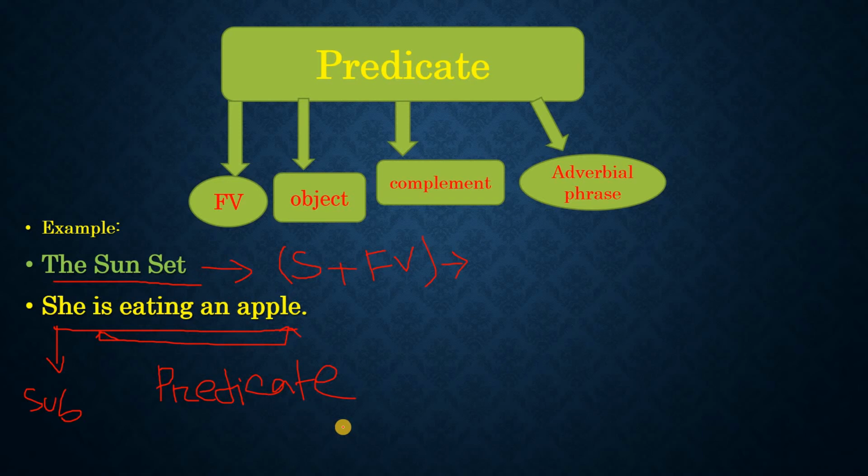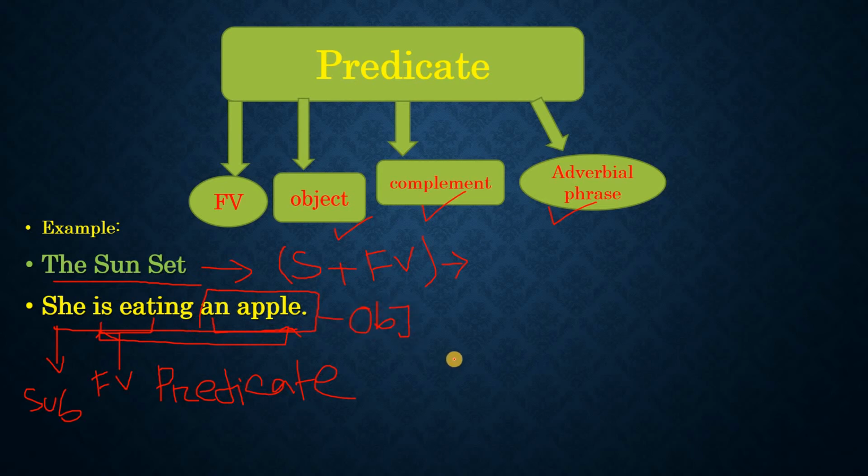Already I have told it: object, complement, adverbial phrase. So which thing is included here? Dear students, try to realize. Is eating, this is the finite verb, and apple, this is the object.